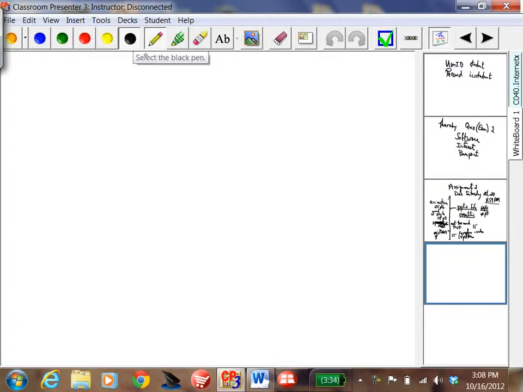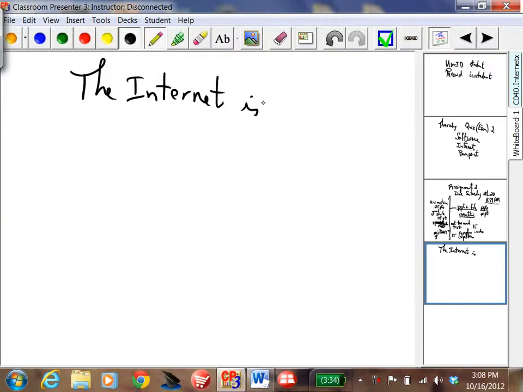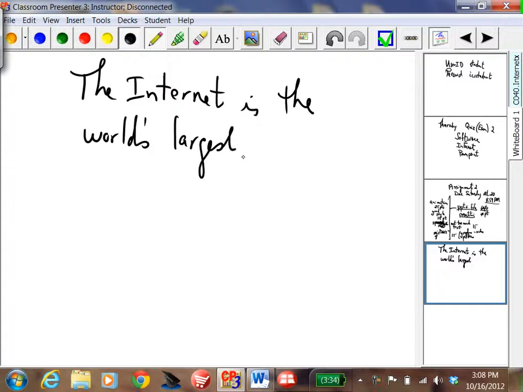So the internet is the world's largest what? Library.